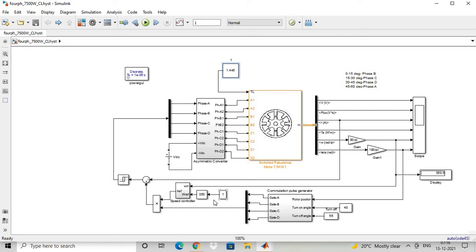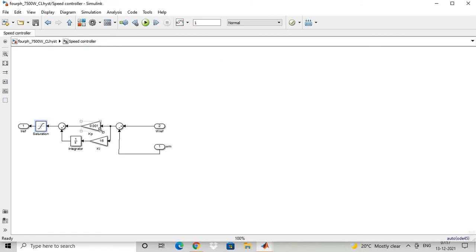Right now I have not calculated the Kp and Ki values by using the theoretical procedure, but by the trial and error method I am trying to obtain the required speed. For this case I want to obtain the speed of 350 rpm, for which I have considered Kp 0.001 and Ki 16.